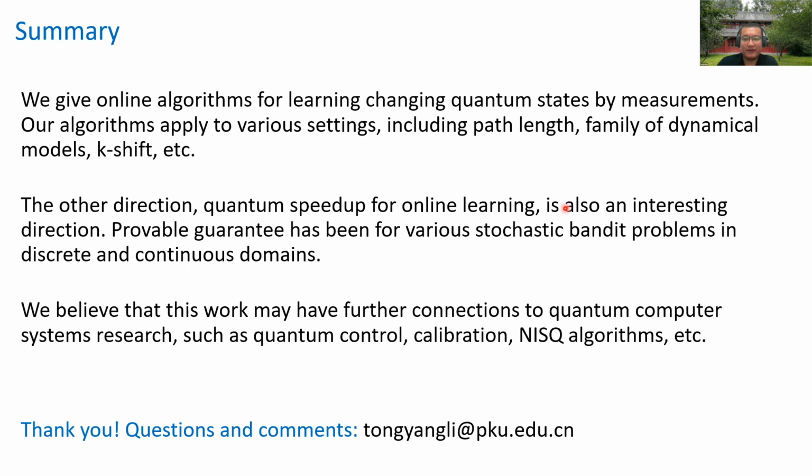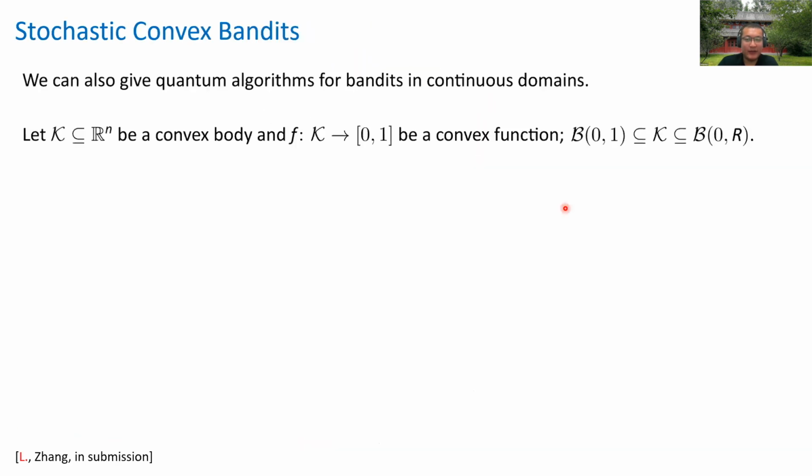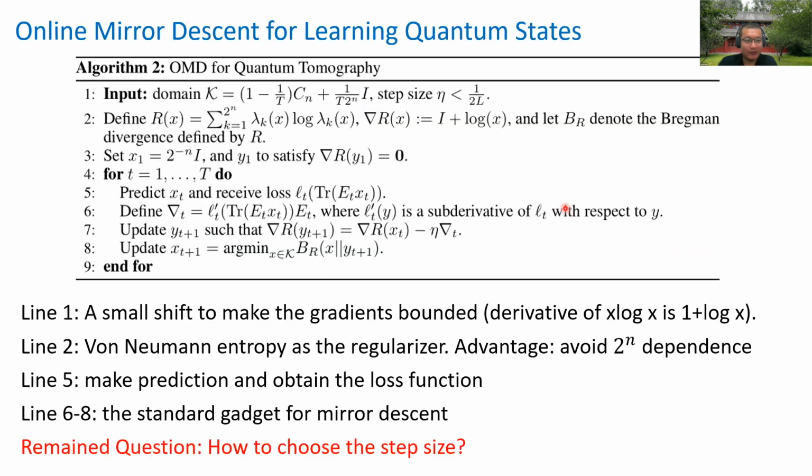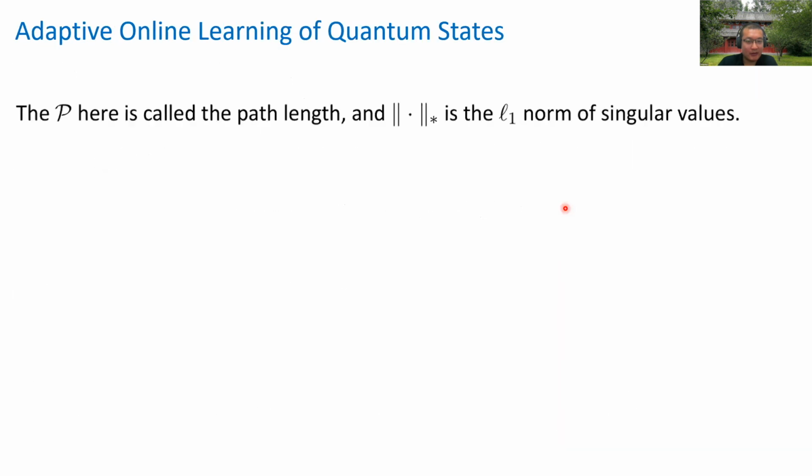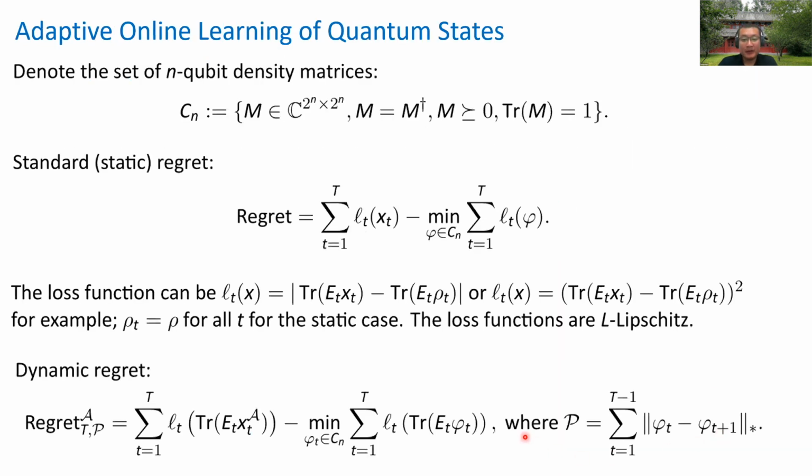For the noise case, we basically characterize this by the dynamical model. I'm not sure how I would describe it, but I guess this is something intrinsic about the robustness here.